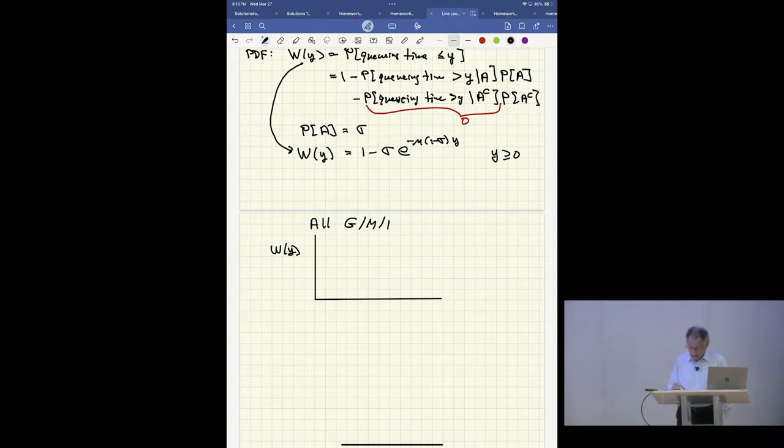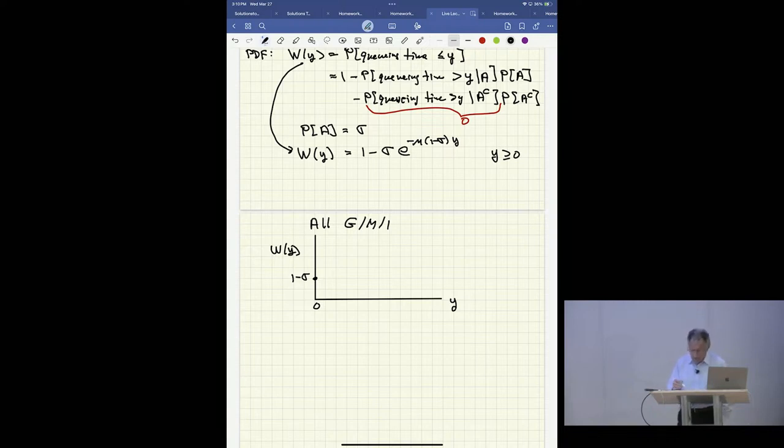It's clear that when y equals 0, this expression is 1 minus sigma. In other words, this goes to 1. So we're going to start off at the origin of this axis, where W of y is equal to 1 minus sigma.